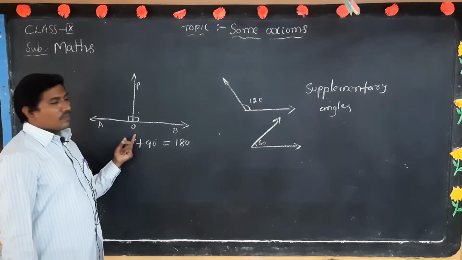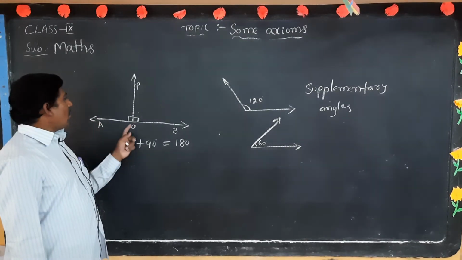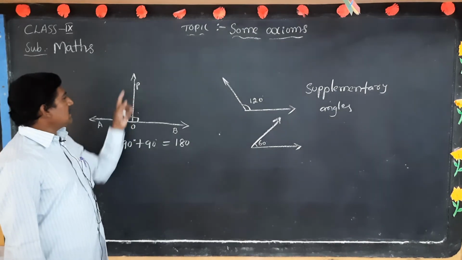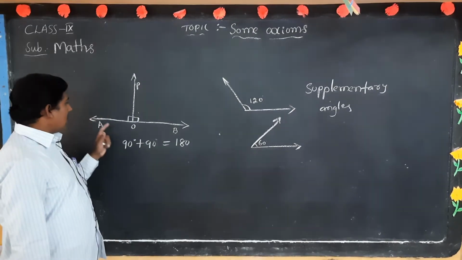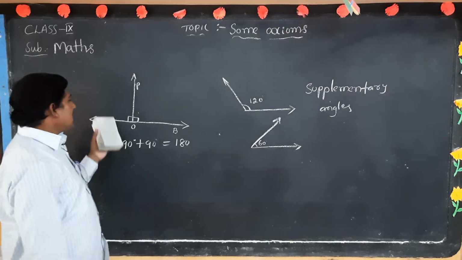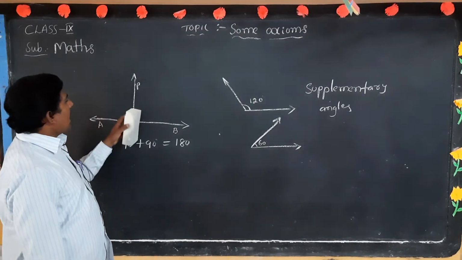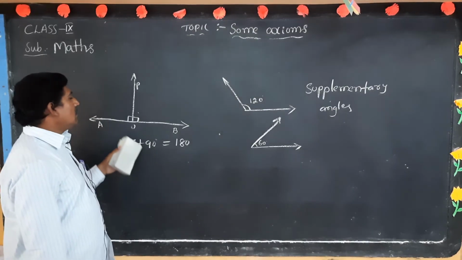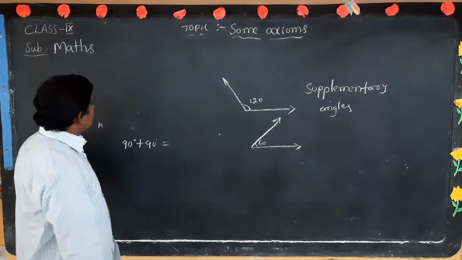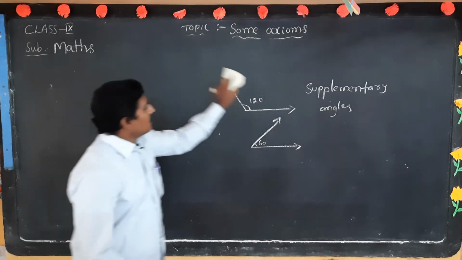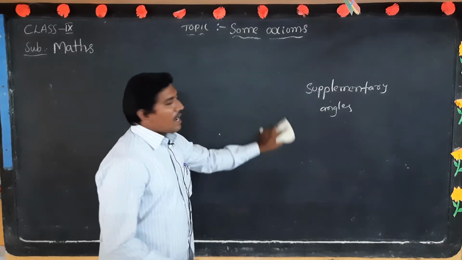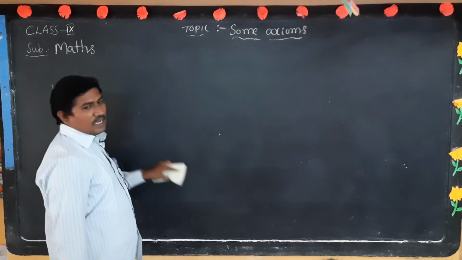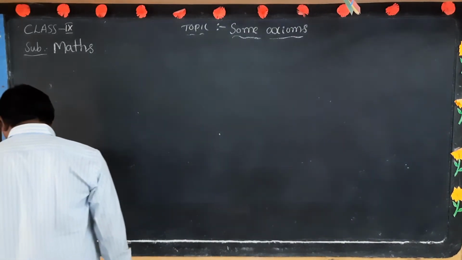And here, angle AOP and angle BOP share OP as the common arm. So these are adjacent angles, and adjacent angles like these are linear pair angles. For supplementary angles, common arm and common vertex are not required. Just two angles adding gives 180 degrees.